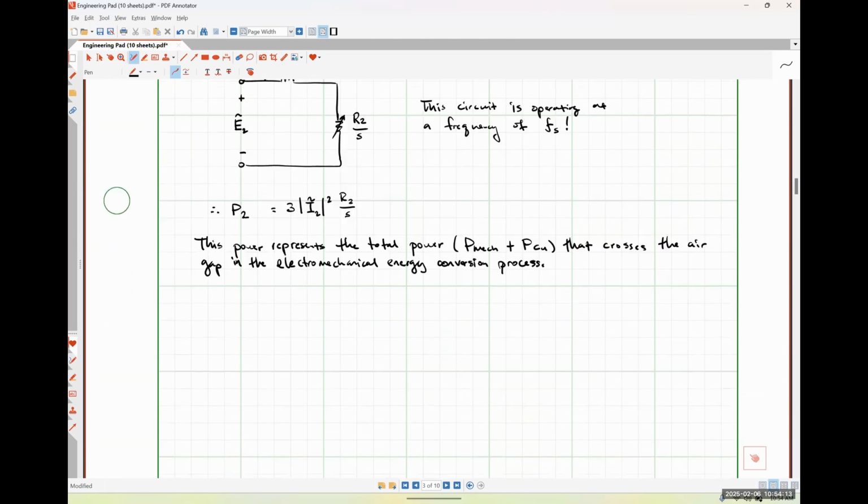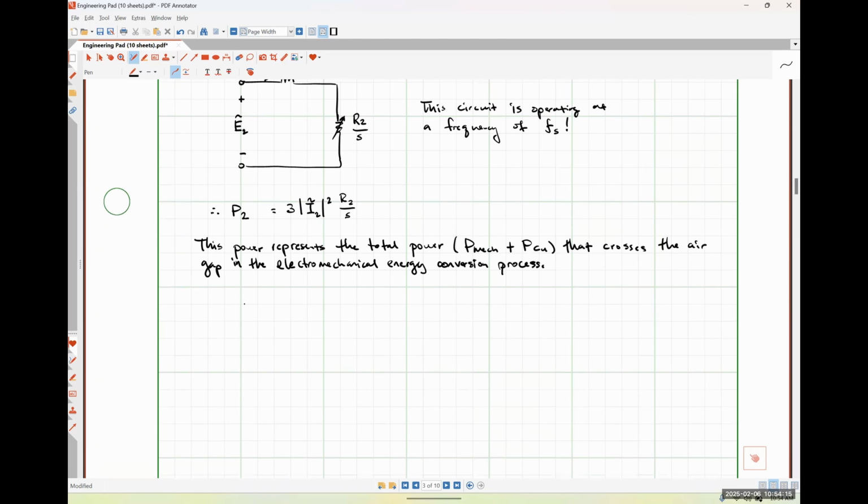So rewriting, what we'll find is that our power delivered across the air gap, and I'm now just going to start calling this the air gap power that I had drawn in the diagram. Okay. So the P2 that we just found is our air gap power.